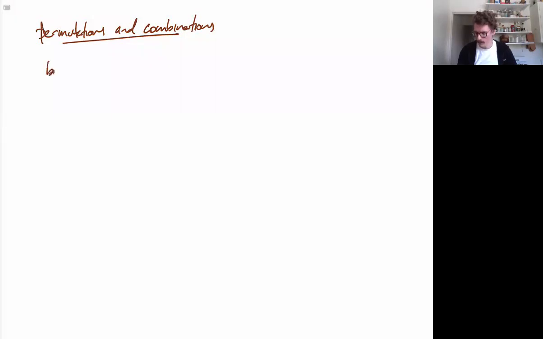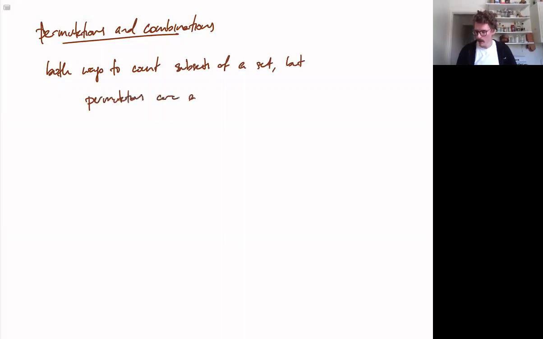They're basically both ways to count subsets of a set. But permutations care about order. Combinations do not. So the difference between them is whether we care what order these things are in.